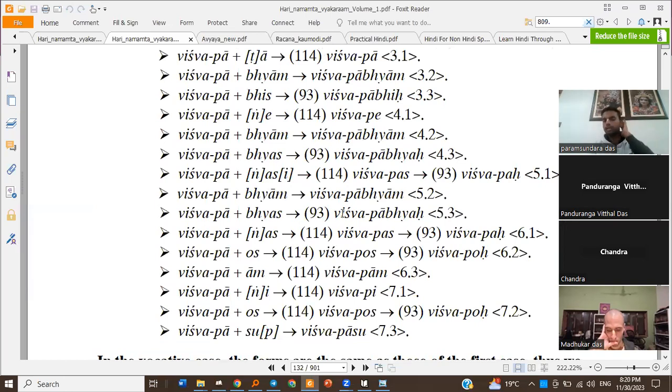It's the same sutra applied whenever we have a Yadu beginning with the Sarveshwara following. And if we have any pratyaya which doesn't begin with Sarveshwara, then nothing happens there. We just combine them, like Vishwapa and Bhyam, Vishwapa, Bhyam, Pabhyaha, and so on.